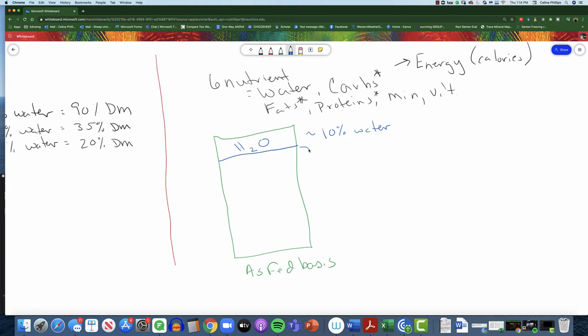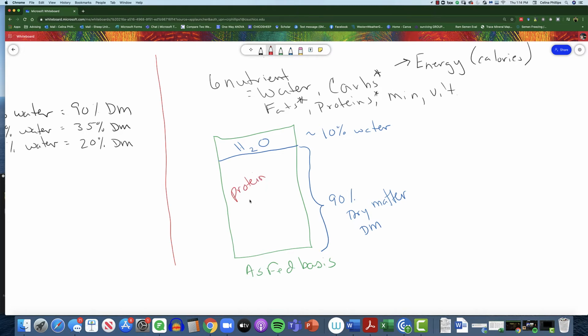That is going to leave the remaining 90% of what we call the dry matter, or DM. In this dry matter is where we are going to find all the other nutrients that we're wanting to feed our animals.